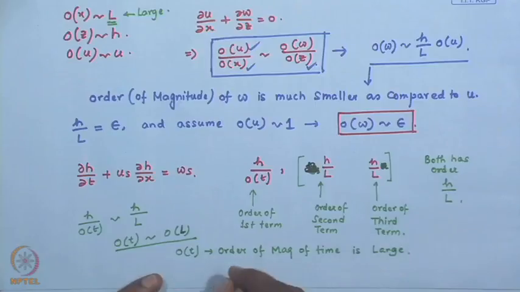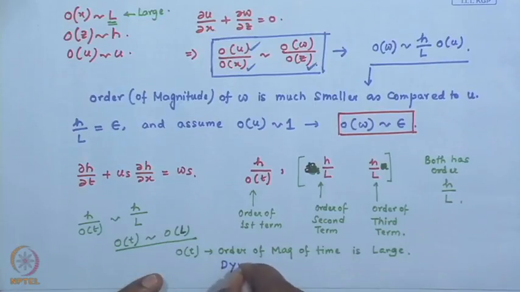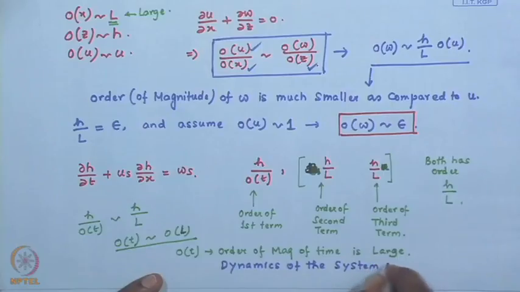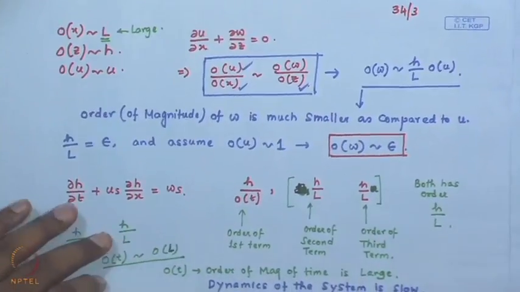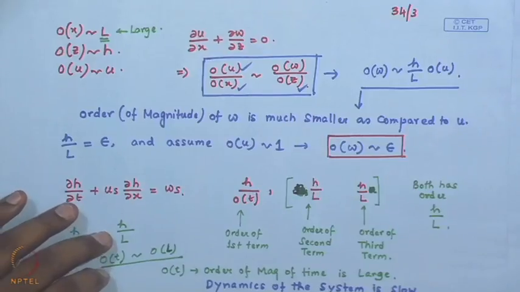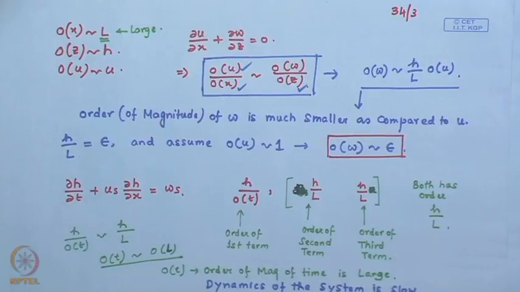What it implies physically is the dynamics is slow. Okay, so this is the implication of performing the order of magnitude analysis on the kinematic boundary condition.